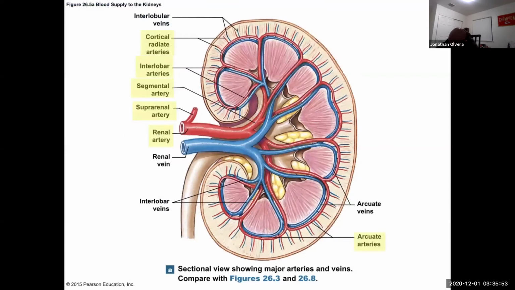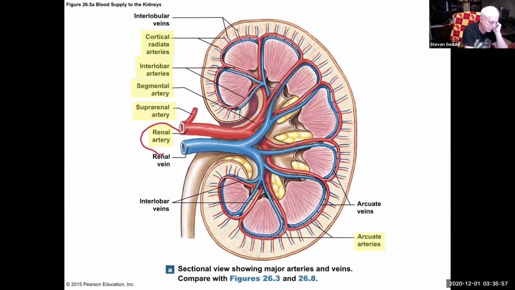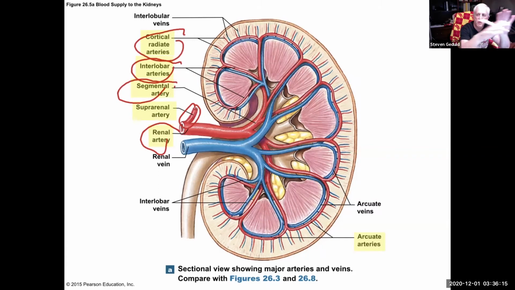Okay, coming in, here is your renal artery. Then you've got your suprarenal artery branching off that. Then this branches into your segmental artery, which branches into the interlobar arteries, connecting all those different lobes, going between them. Then it goes to the cortical radiate arteries, which branch out very small and radiate all over the cortex.